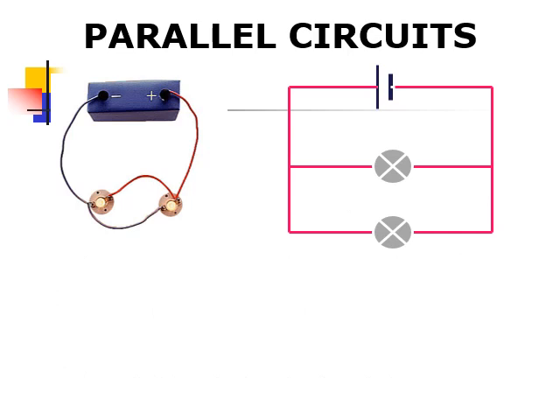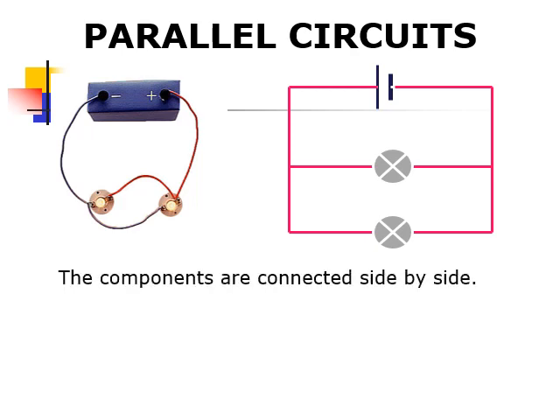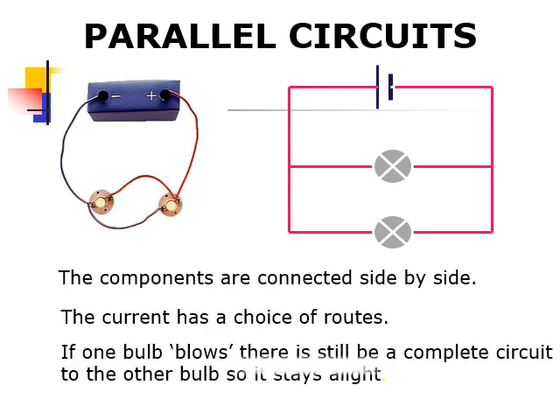Alright, here we can see our picture of a parallel circuit, this time with a circuit diagram of how you would draw that out. Parallel circuits are different in that the components are connected side by side instead of along the same path. This makes it so that the current has a choice of different routes that it can take from one terminal of the battery to the other, which means that if one bulb blows, there's still going to be a complete circuit to the other bulb, so it's going to stay alight.